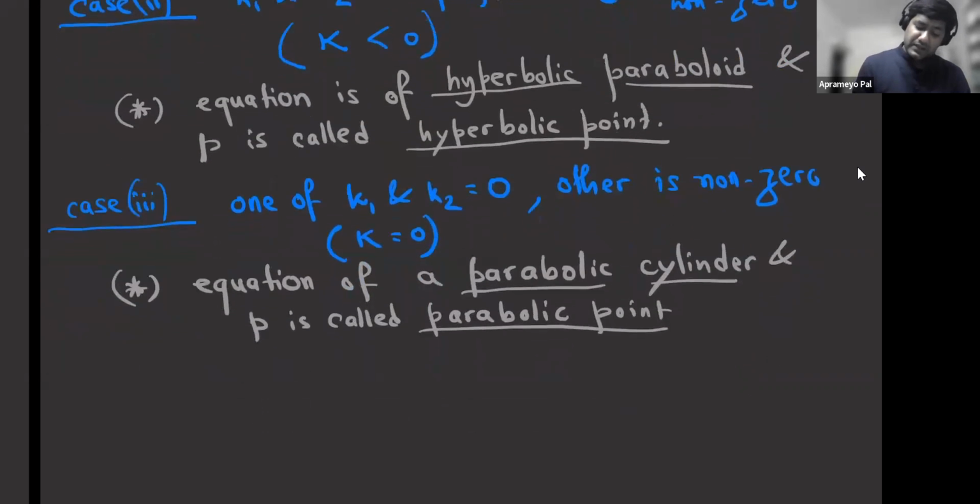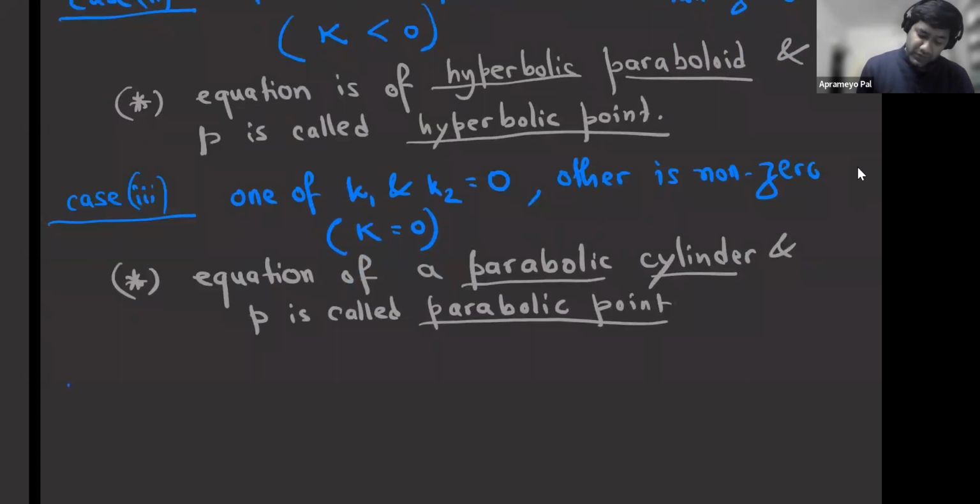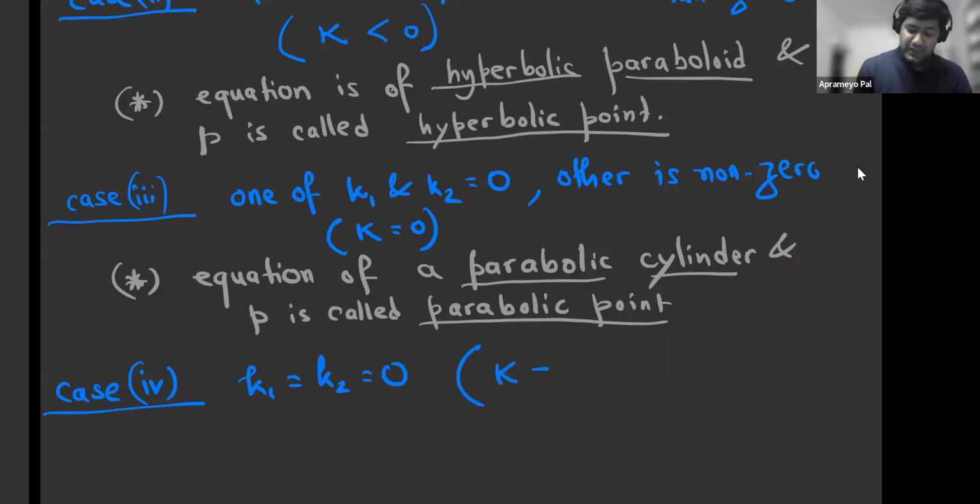And finally, the last case, when both K1 and K2 are 0. That means K is also 0. That's exactly what I was saying: K equal to 0 in this case also.